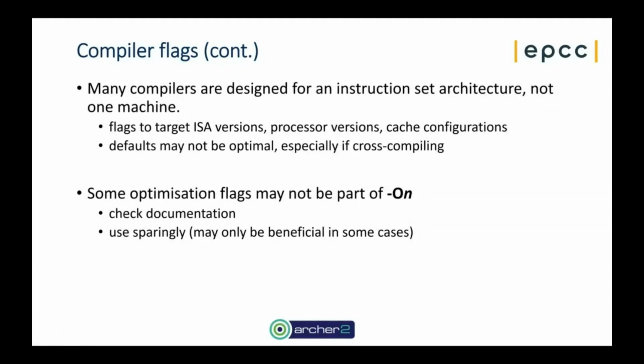Compiler optimizations are often designed for instruction set architectures, so things like x86, not particularly for one machine. So you can get better performance by targeting a particular piece of hardware as well.